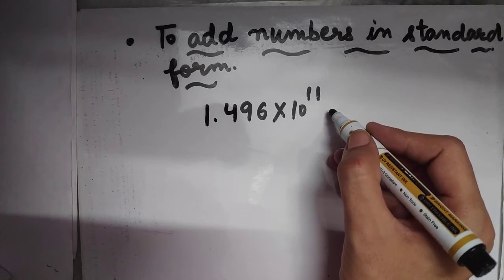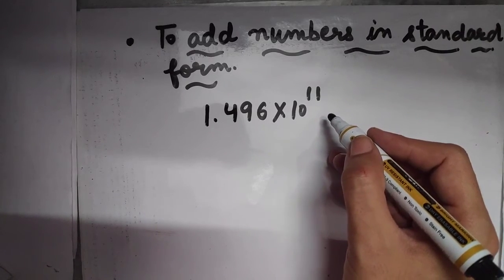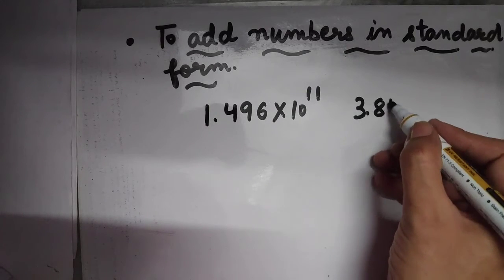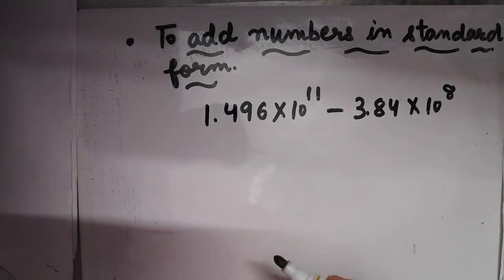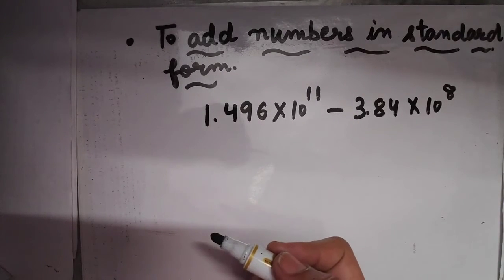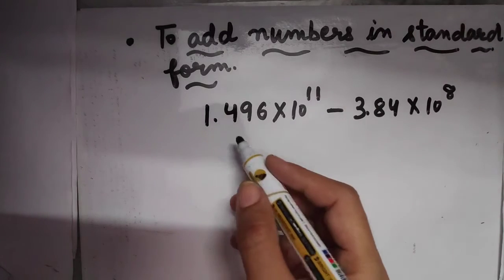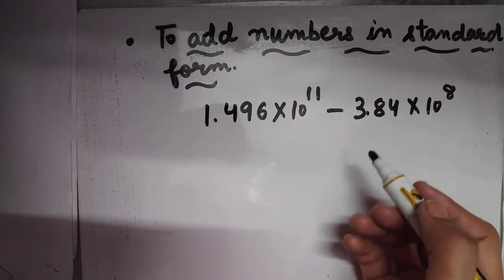And the distance between earth and moon is 3.84 into 10 raised to the power 8, and I need to take their difference. So during solar eclipse, moon comes in between earth and sun, and at that time the distance between sun and moon I need to find out.